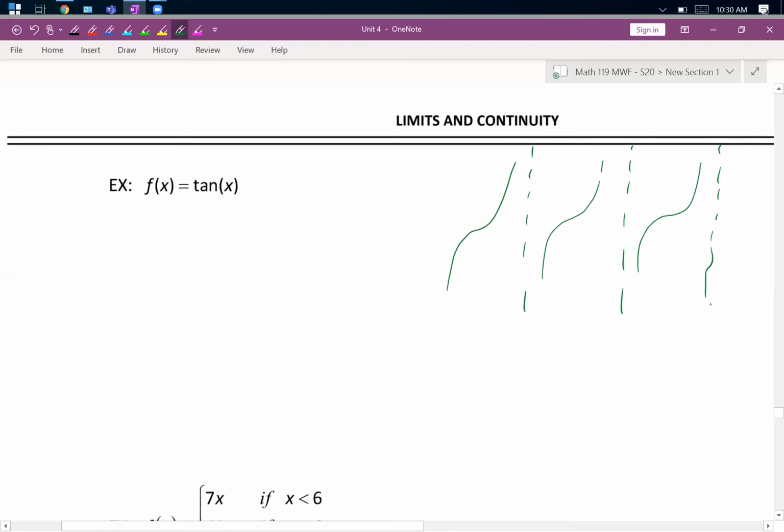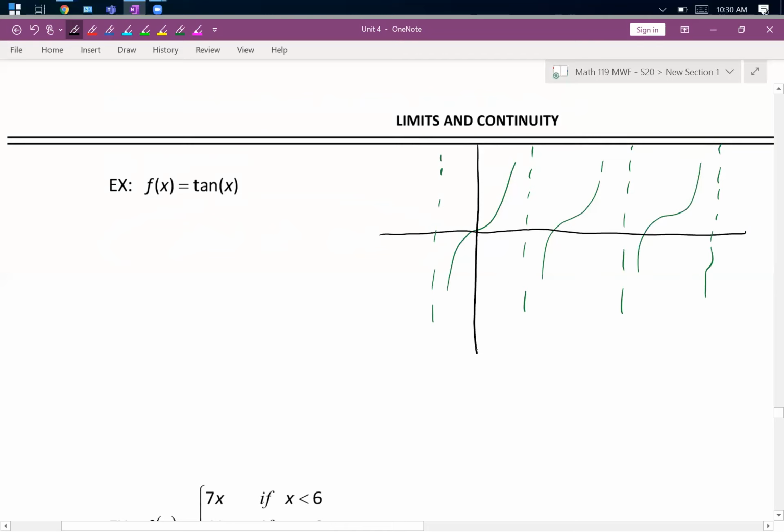But the asymptotes repeat over and over and over again. So we have to come up with a way to indicate where all those asymptotes are. So here, I'll put this on the Cartesian plane quick. We know tangent is 0 at 0.